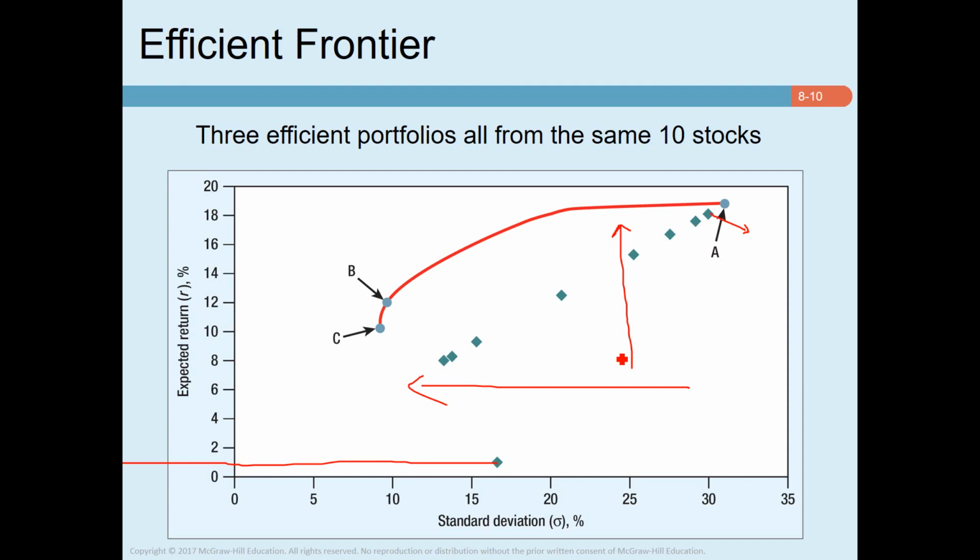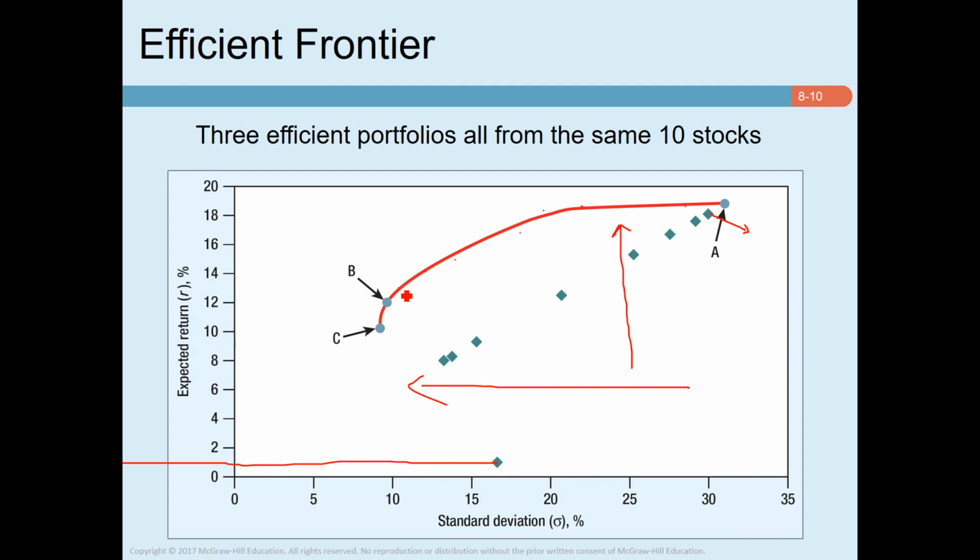So the point here is you want to go left as far as you can, and you want to go up as far as possible. And you want a point on this red line, which will be an efficient portfolio.